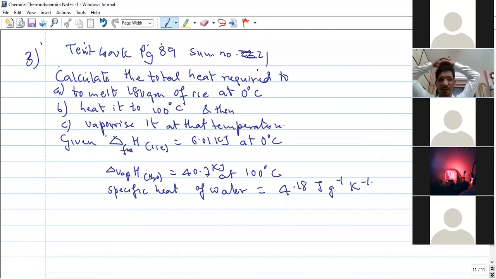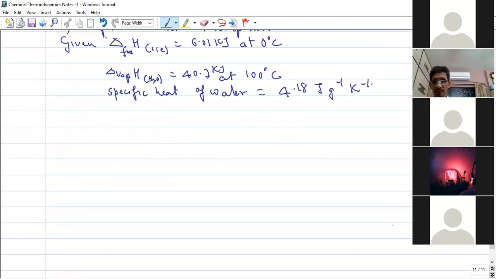And what do we need to find? Total heat required to melt 180 gram of ice at 0, heat it to 100 and then vaporize it. That is, we have ice, 180 gram, and we convert it to water at 0.